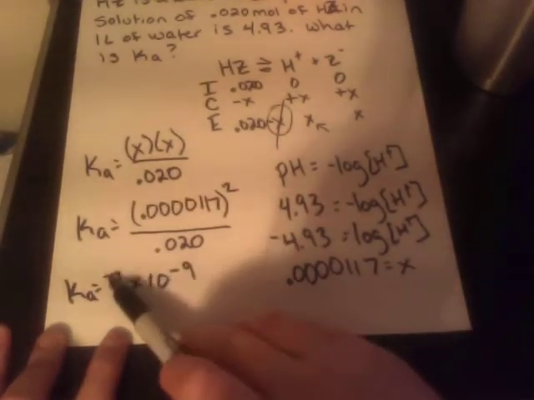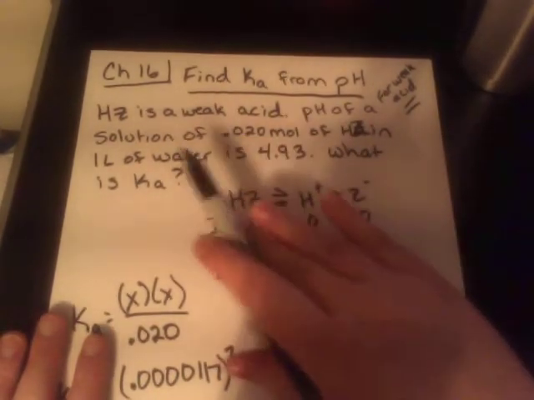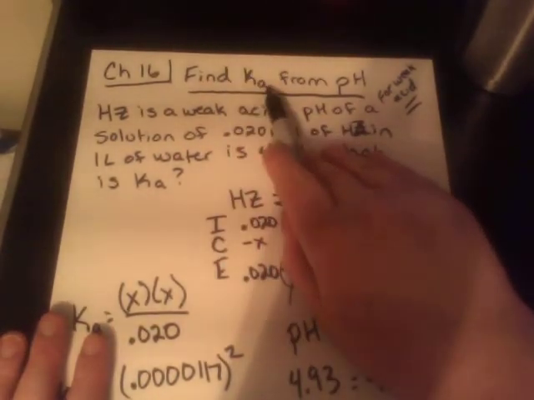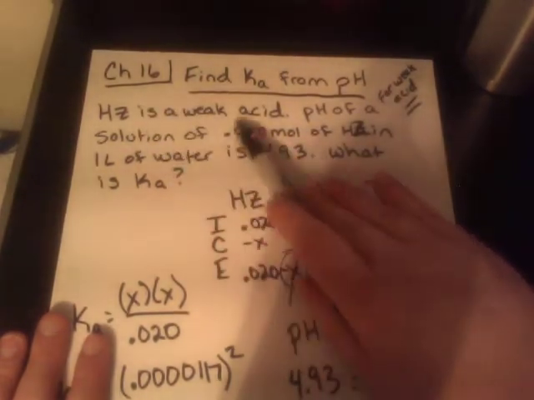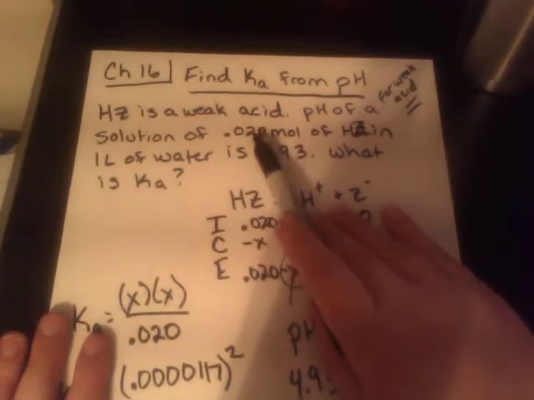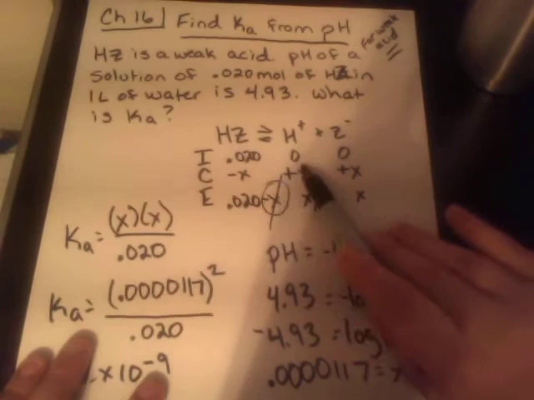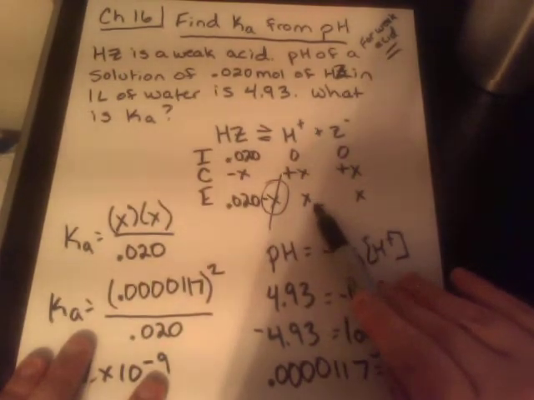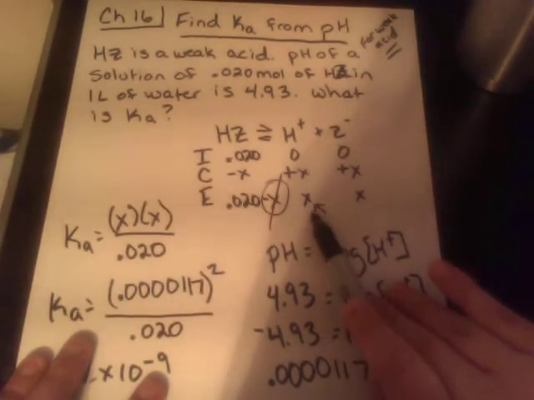So that's how you go from pH to Ka. To wrap it up, to find the Ka of a weak acid from the pH at equilibrium, you're given a weak acid, the pH of the solution, and a concentration. Then we can set up our ICE table. Since we know the pH at equilibrium, we know how to find the concentration of H+, and that just so happens to be the number x.